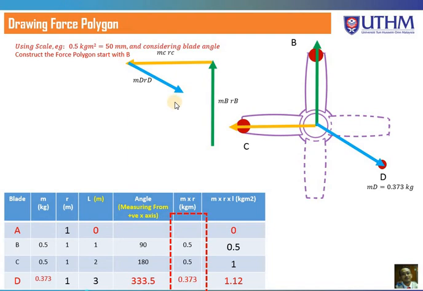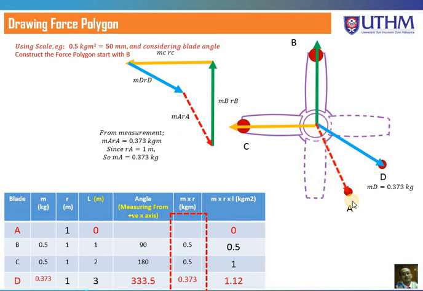You need to draw another line from vector D to vector B to reveal the value of mass A. The length of the red line represents the centrifugal force of A. This is the new orientation of mass A, and by measuring, you can reveal that the amount of M times R is 0.373, but since R is only 1 meter, the mass A is 0.373 kilogram.